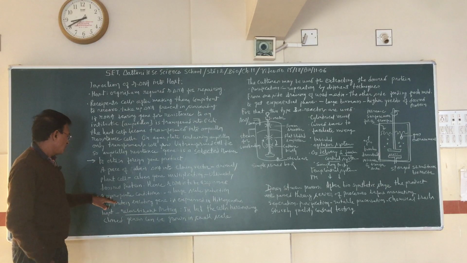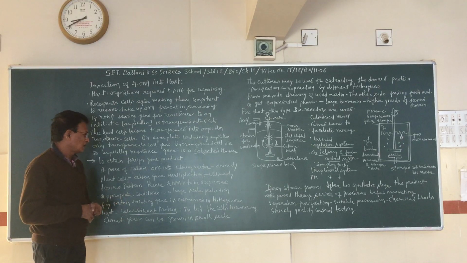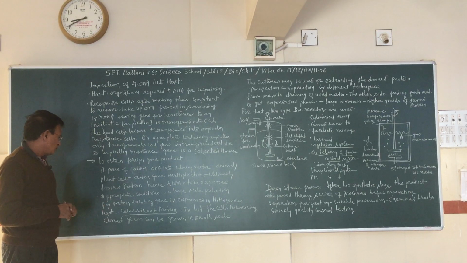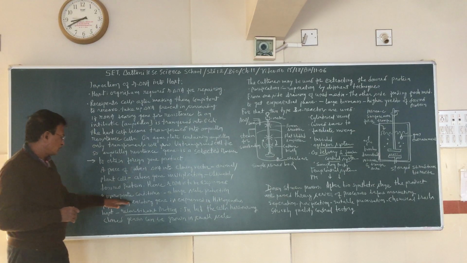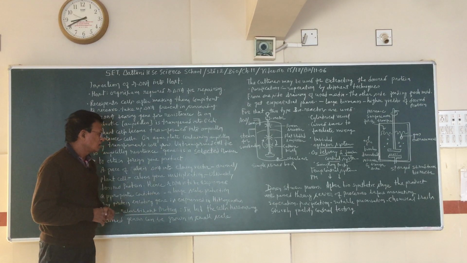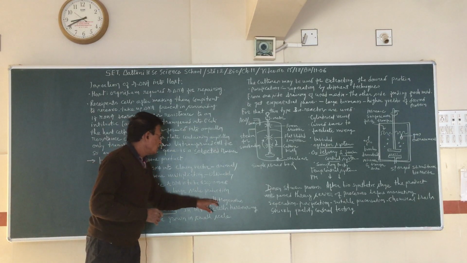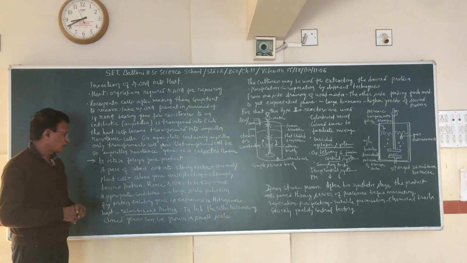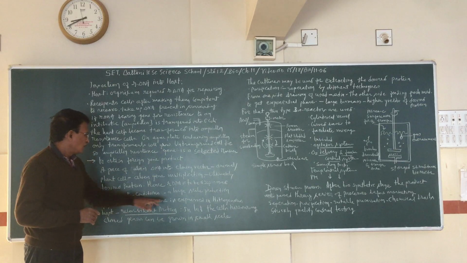For that purpose, appropriate conditions are needed. A large scale production can then be obtained. Any protein-encoding gene is expressed in the heterologous host, and recombinant protein is obtained.